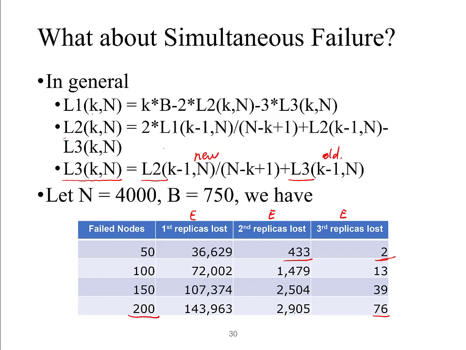I'm not sure if you can identify the problem here or not, but I will leave that for your homework. In general, you would have something similar to this number. You would have nearly 3,000 blocks that lost 2 replicas. If you set the replication factor to 2, then the block is totally lost. The number is around 3,000 if the failed nodes is 200.